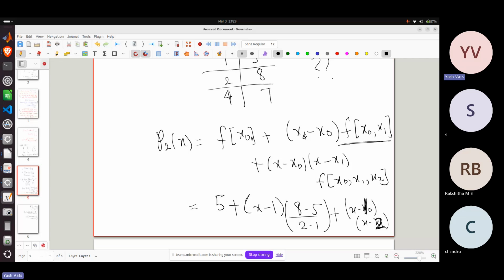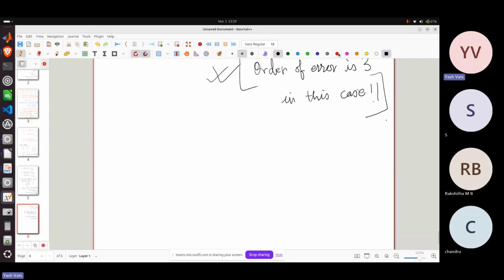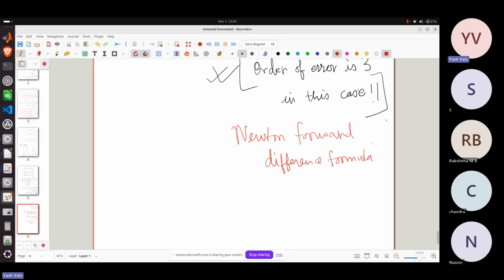This is also called the Newton forward difference formula. Just look at that because some questions may be asked on that basically.